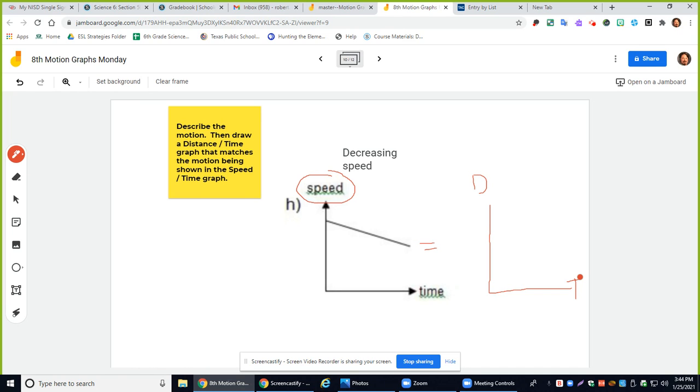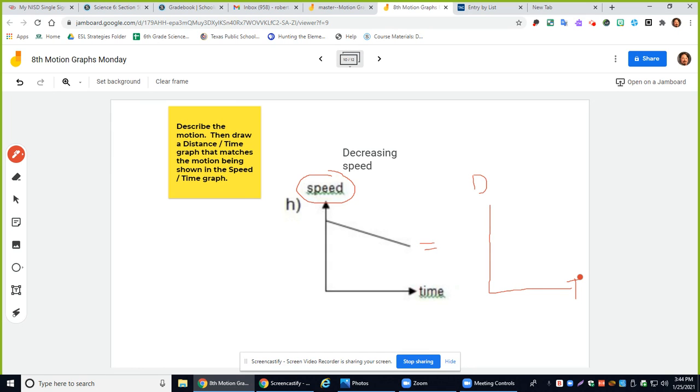Okay, turn on your cameras and show me your answers. Okay, looking for distance time graphs.